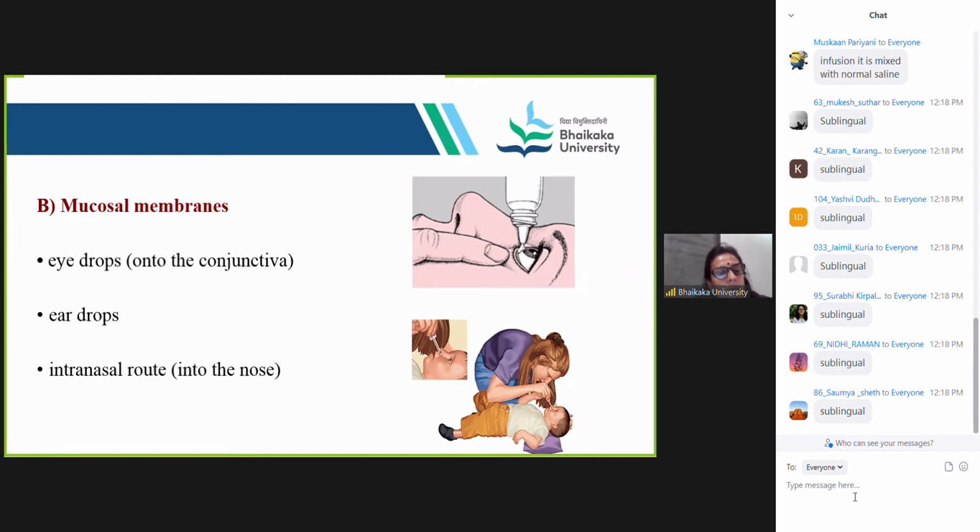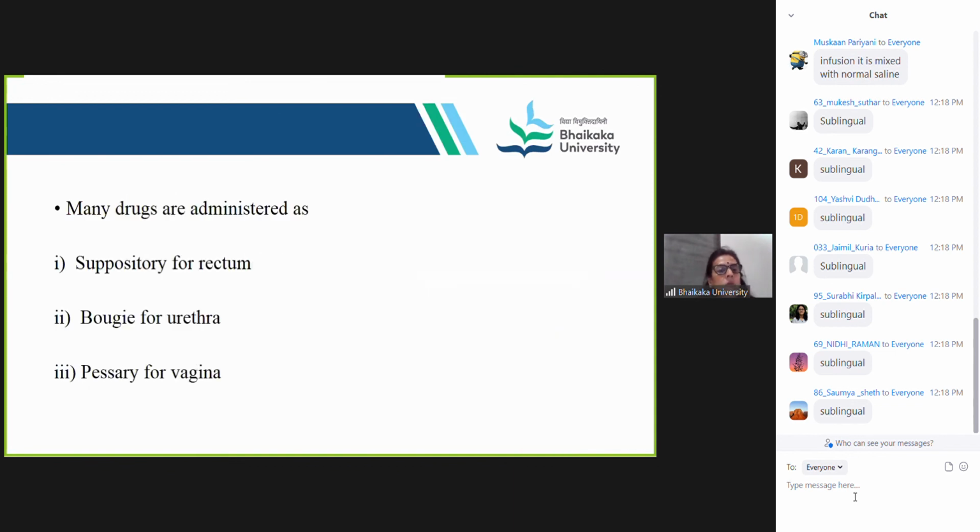See, for the intranasal route, there are certain nasal sprays available. So that is only for local action and is considered to be the topical mucous membrane route. Okay. So here I am not going to tell much detail about the topical because this is going to be covered in your practical class. So for topical, you will understand the detail in practical.